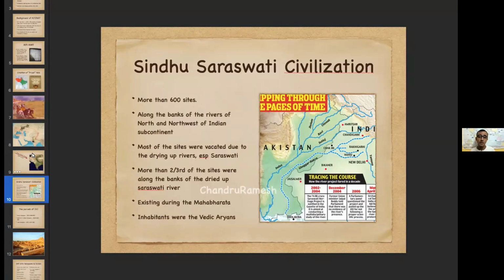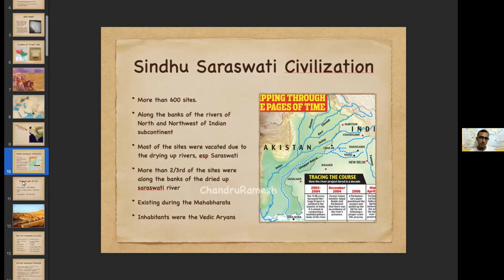And many of the sites of the Indus Valley civilization are along the banks of the dried up Saraswati river. So clearly it shows that people did not have the habit of going far away from the source of water, because you need water for your sustenance. So when the Saraswati dried, that was one strong motivating factor for them to vacate the Sindhu Saraswati Sabhyata. So this is one important thing which we showed during the last session.